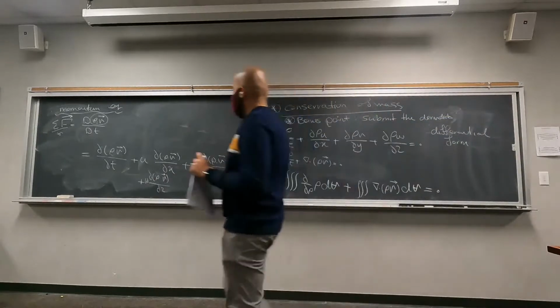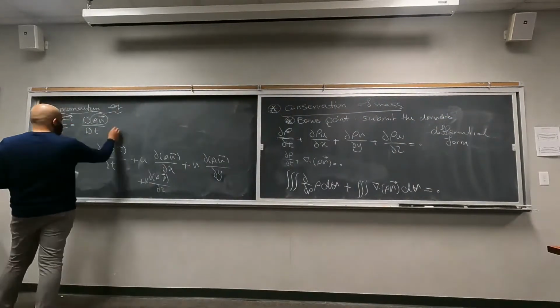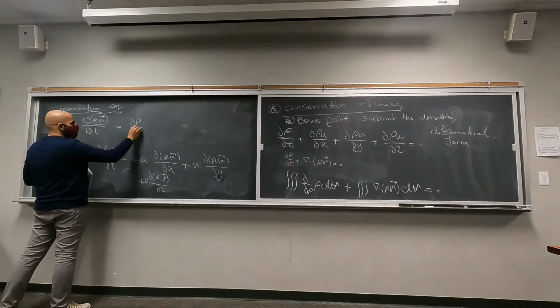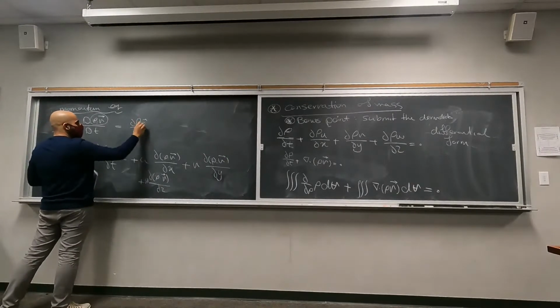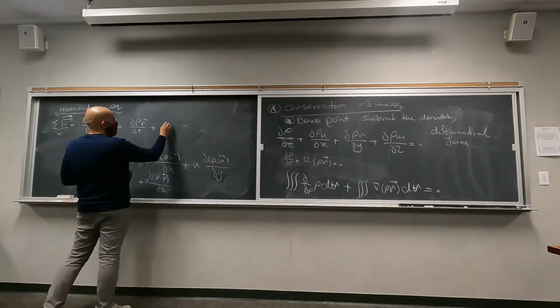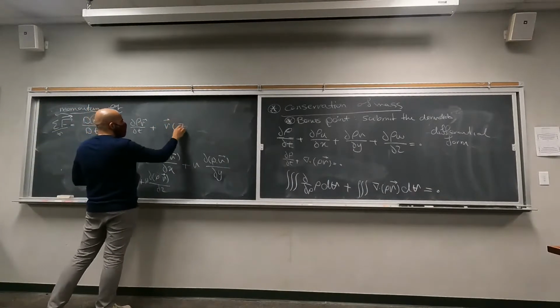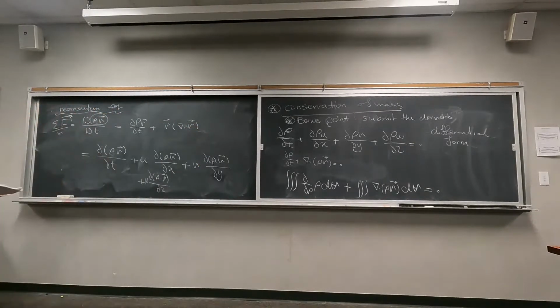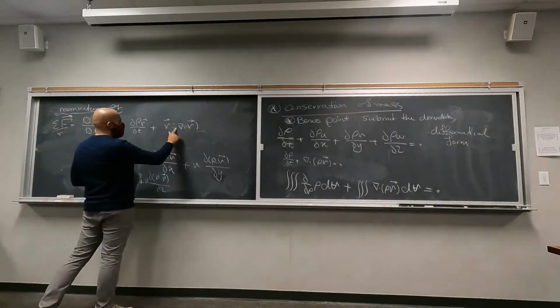So, or in another notation, we can actually say this is partial rho v partial t plus v del v, or v dot del v.